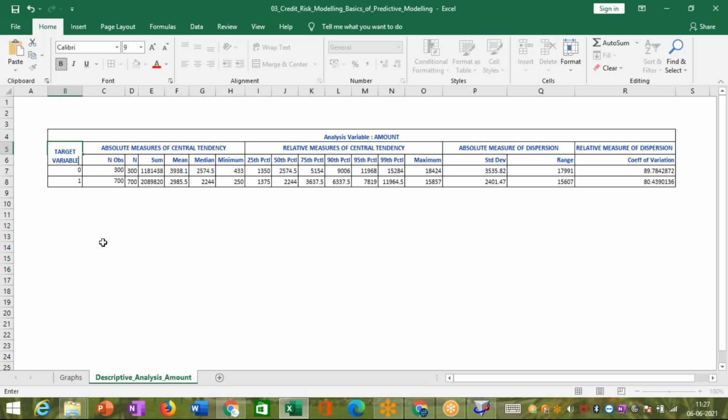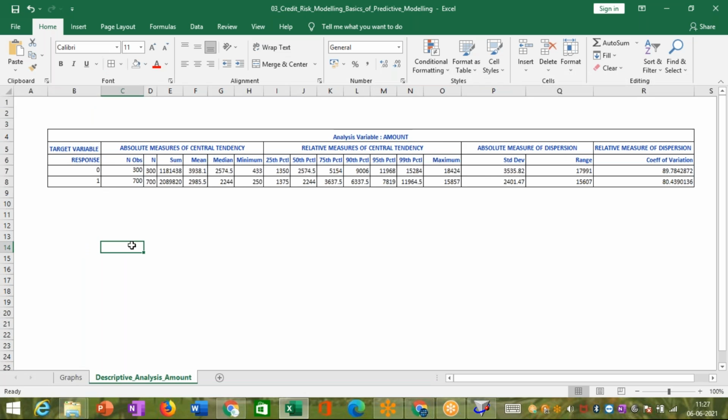The target variable is the response variable or the bad flag variable. This is the target variable, right?